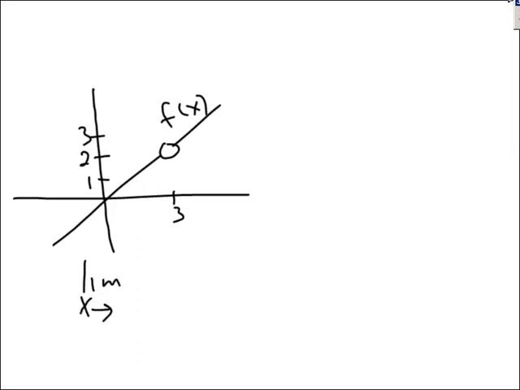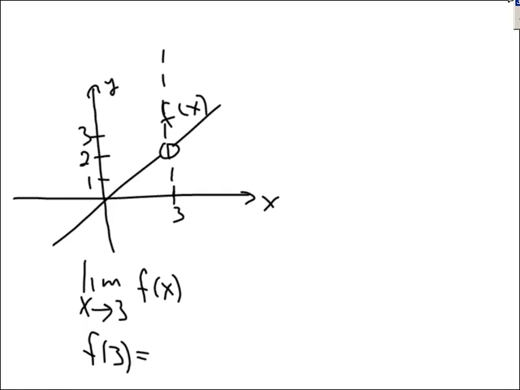What is the limit as x approaches 3 of f of x? And what is f of 3 equal to? Well, to find f of 3, you go to where x is 3, you look above, you look below, and wherever you hit the graph, you find the y value.